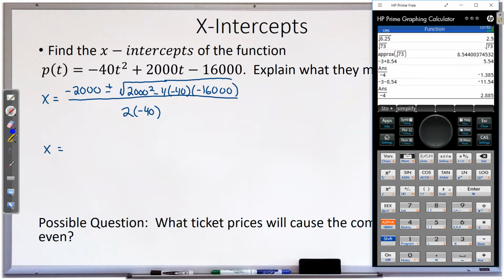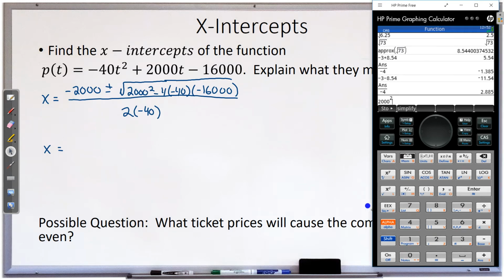So let's do the inside of the square root first. 2,000 squared minus 4 times a, which is negative 40, times negative 16,000.